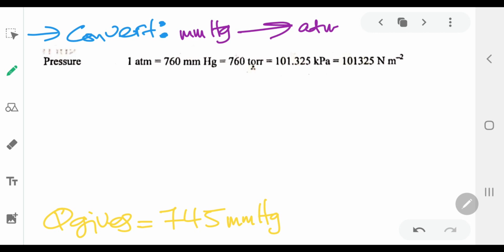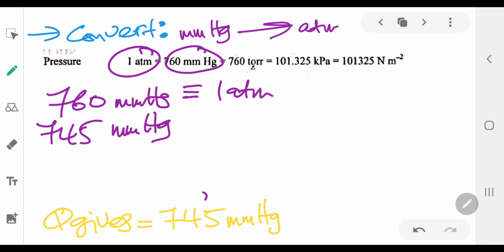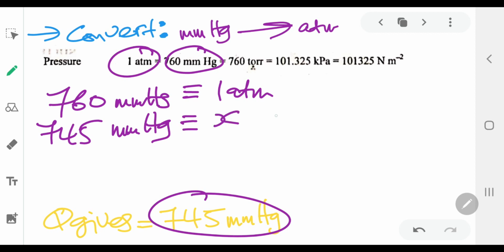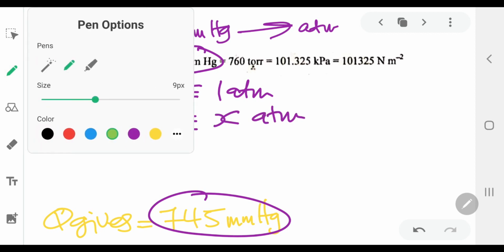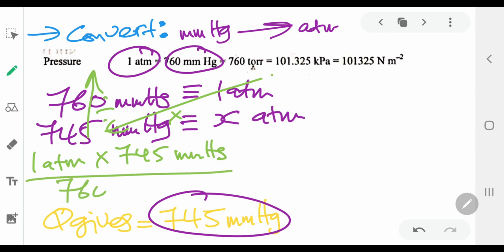So conversion, again, millimeter mercury to atm: 760 millimeter mercury equals 1 atm. The question gives 745 millimeter mercury, and we need to find out what that is in atm. You go 1 atm times 745 millimeter mercury, divided by 760 millimeter mercury.